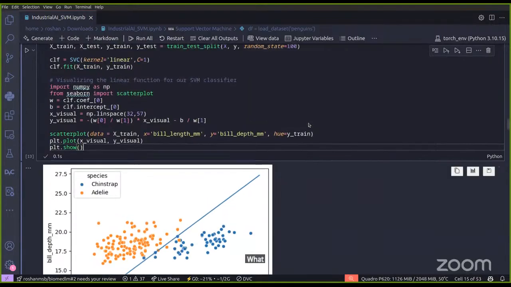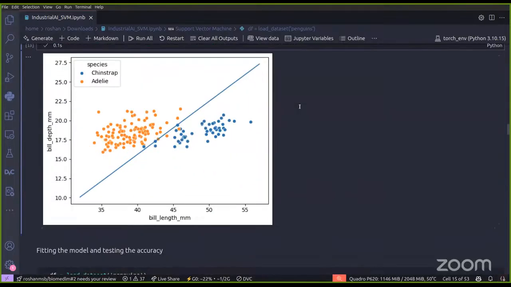What do you think? Does this model do classification properly? Is it perfect? Yes.